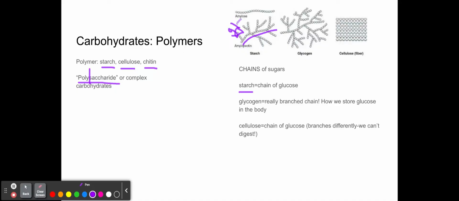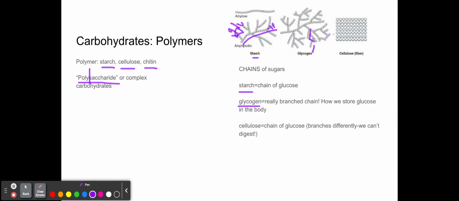You could count them if you want, but I don't want to. Those are all glucose, so those are the monomers, and they're chained together to create this polymer called starch, which is a polysaccharide. Glycogen is very similar to starch, except it's more highly branched.